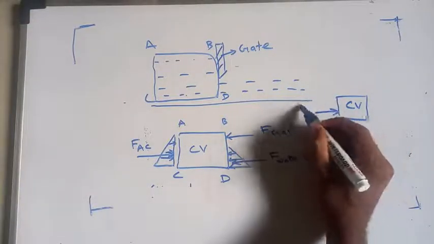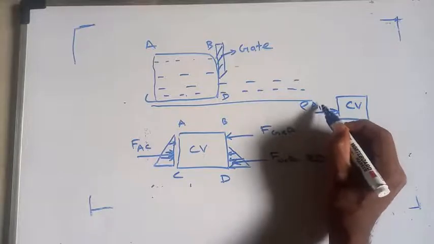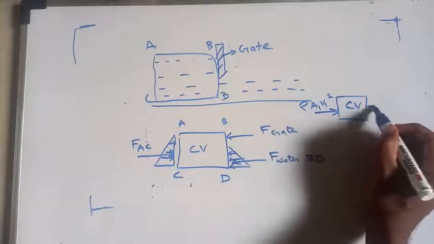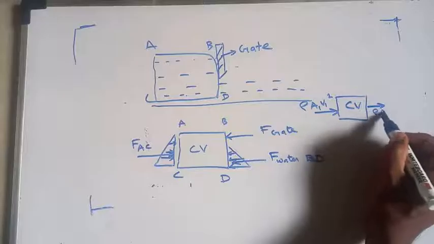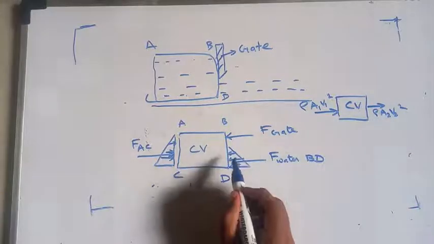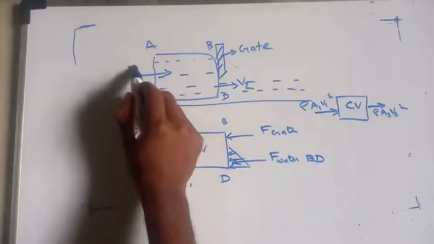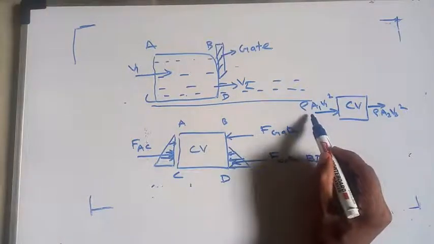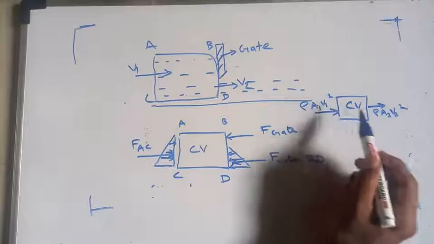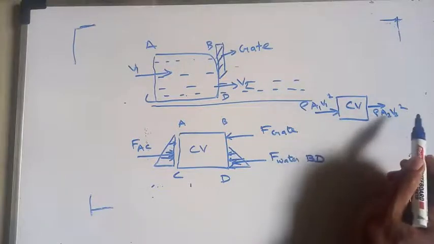Entry momentum is rho A1 v1 square. Exit momentum is rho A2 v2 square. That means here there will be a velocity of v2. Here entry velocity is v1. So entry momentum is rho A1 v1 square, exit momentum is rho A2 v2 square.